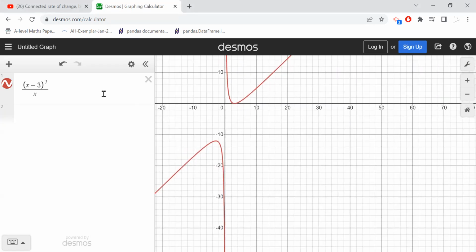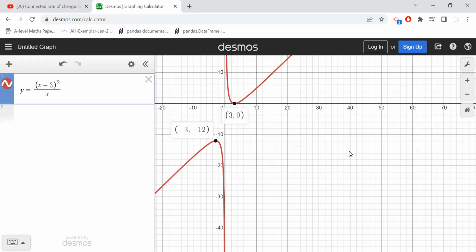Here is the graph of y equals whatever the function is. Can you see? Can you tell straight away what's the nature of (3, 0), the stationary point we found? Max or min? (3, 0). Minimum point. Exactly, minimum point. So if you have graphing software, you don't even need to do this procedure anymore.